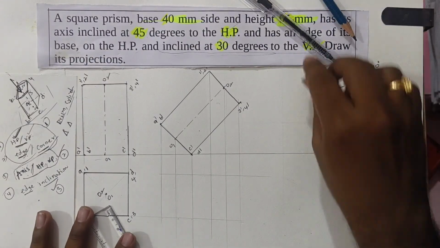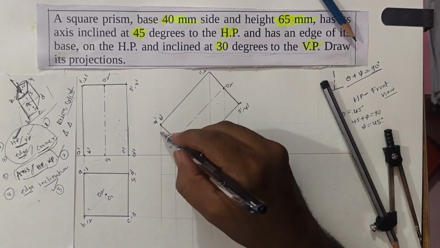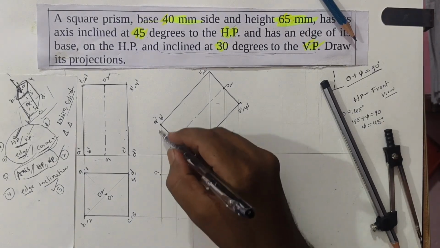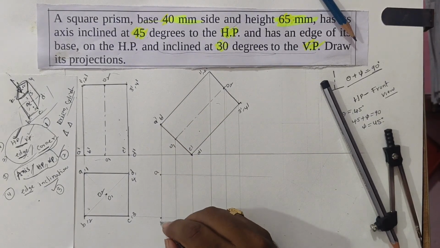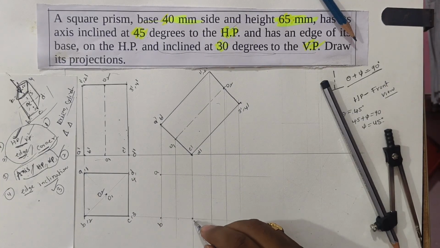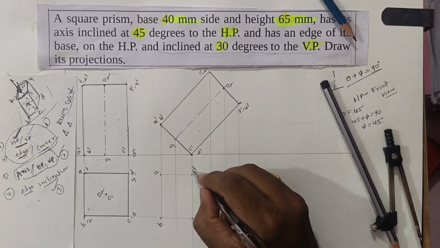Let us mark the points. Where is A? A is on this line as well as on this line. This is going to be A. This B is on this line. This is B. And where is C? C is on this line. So this is C. And this is D.